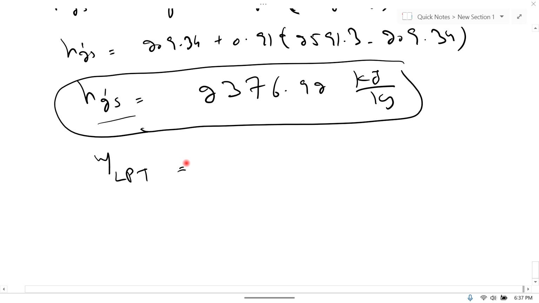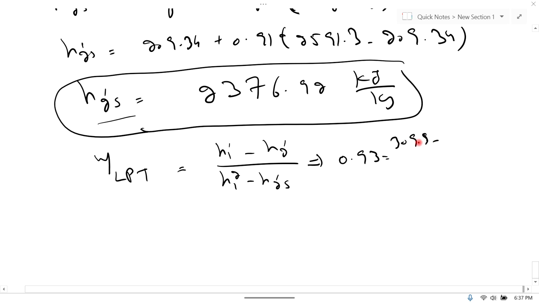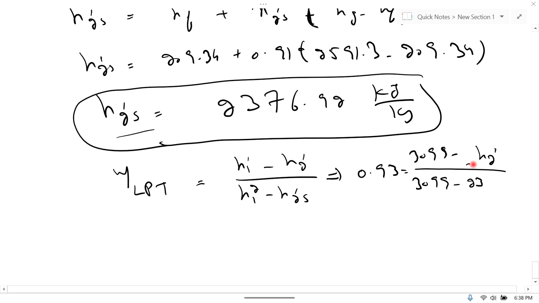Formula from the book of El-Wakil is H1 dash minus H2 dash divided by H1 dash minus H2 S dash. So this implies that efficiency of low pressure turbine is 0.93. H1 dash is equal to 3099.02, already found initially. 3099 minus H2 dash is the required value, and this is 3099 minus 2376.92.